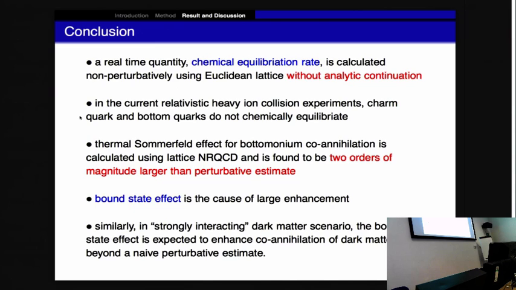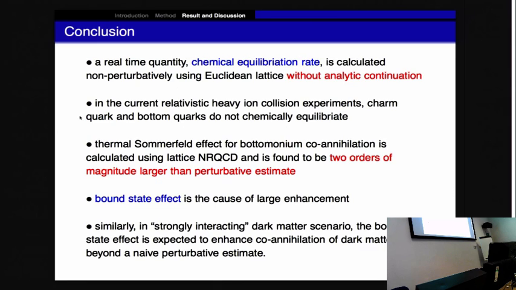So, given the lifetime of the collisions, you don't have chemical equilibration. Kinetic equilibration you achieve. That's one of the other results by Mikko and Olaf and Francis, but not chemical equilibrium. And what we found is that there is a large enhancement because of this subthreshold bound state effect.